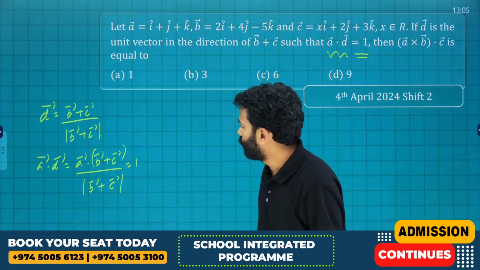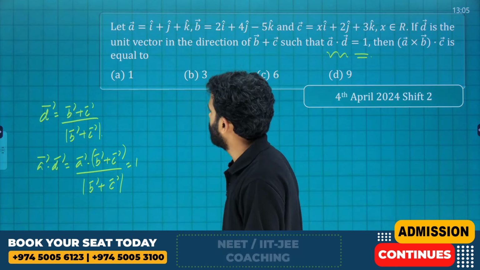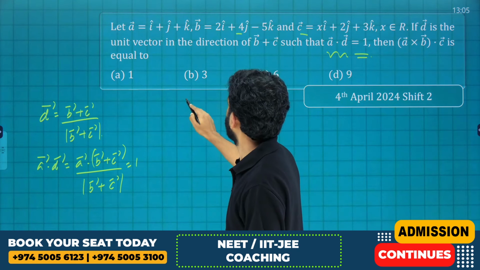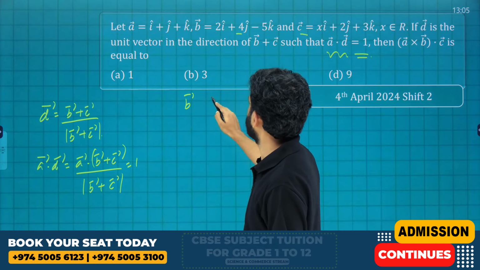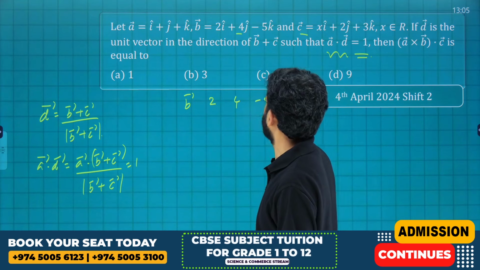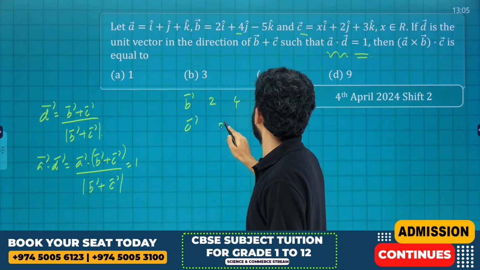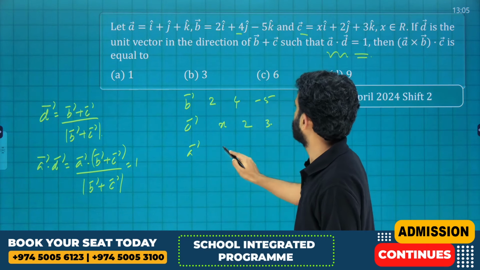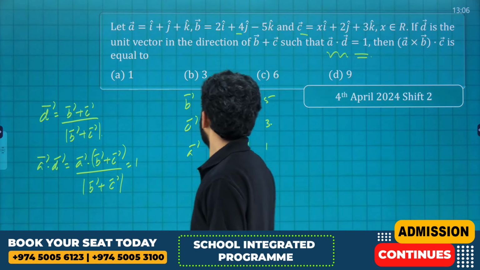So, first thing first, we can find vector B plus vector C. What is vector B plus vector C? Vector B, I am writing the numbers only: 2, 4, minus 5. Vector C, that is x, 2, 3. And vector A for later, that is 1, 1, 1.